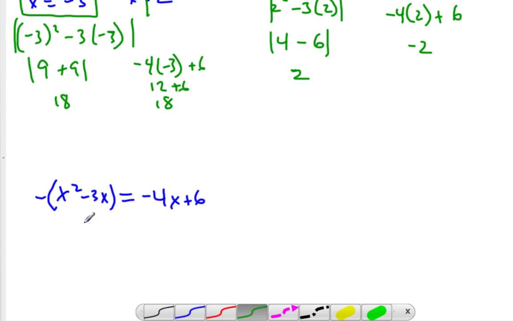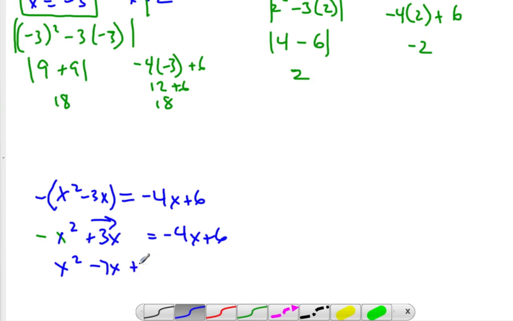So as I come here, I'm going to go minus x squared plus 3x equals negative 4x plus 6, which is, if I bring everything over to this side of the equation, I get x squared minus 7x plus 6 is 0. And so (x minus 6)(x minus 1) equals 0.